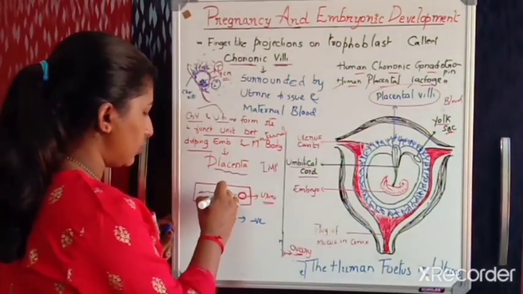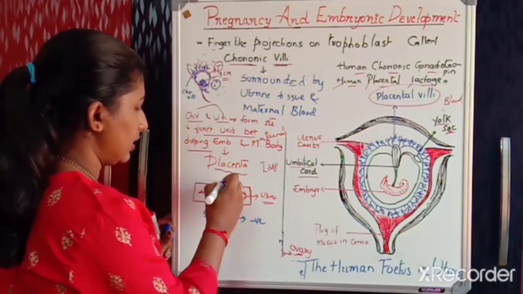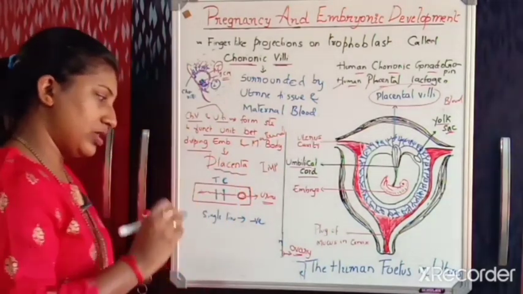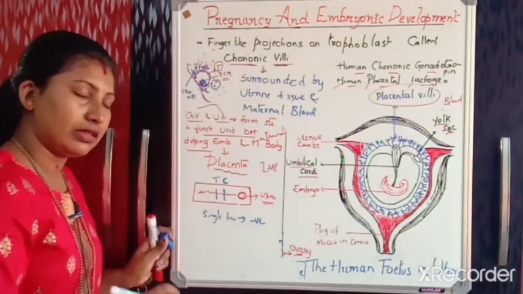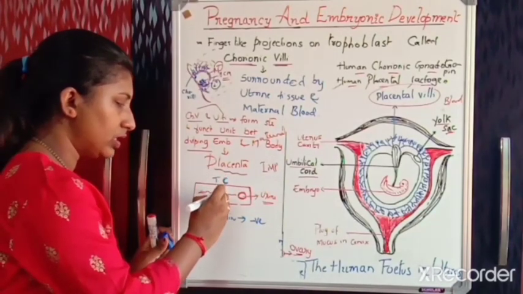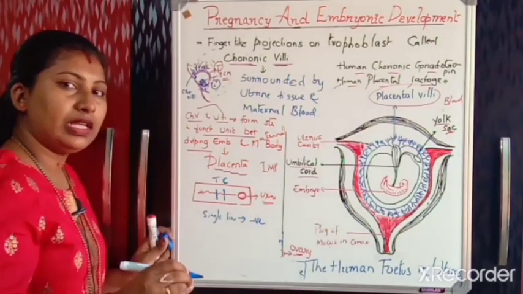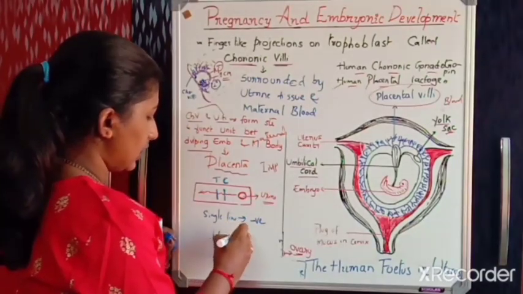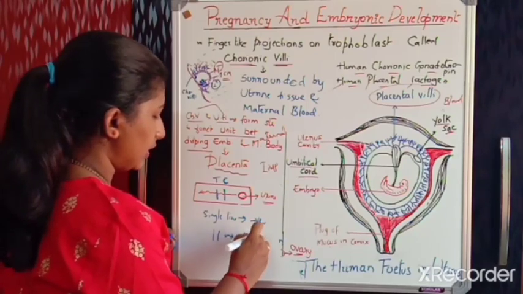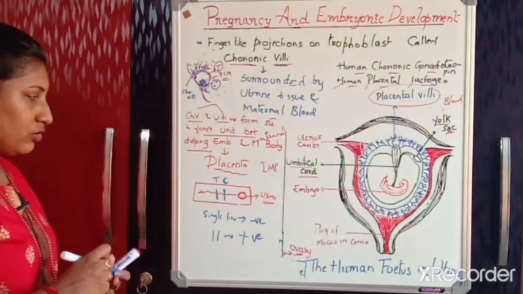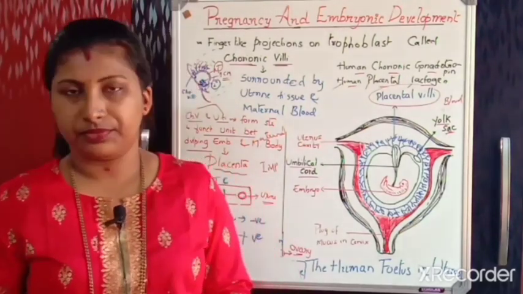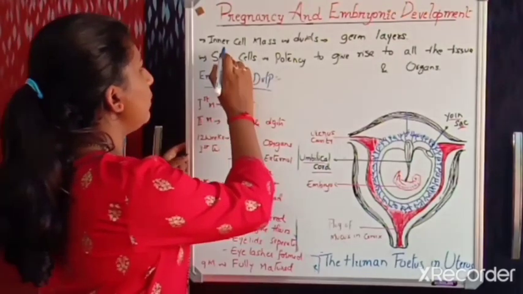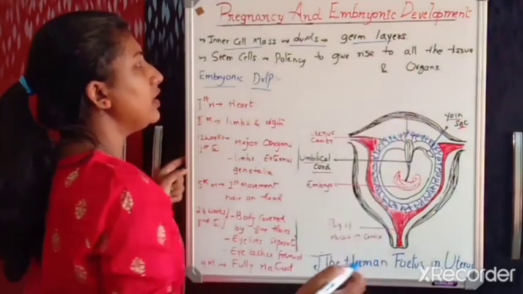If there are two lines over here, these are considered as control and test. So the control line appears whether pregnant positive or negative, a single line will appear. The test line only arises if a female individual is positive for pregnancy. If there is a double line, that means she is positive for pregnancy. So this is how the pregnancy test is done. Clear with this? So then the inner cell mass, which divides to form different germ layers.